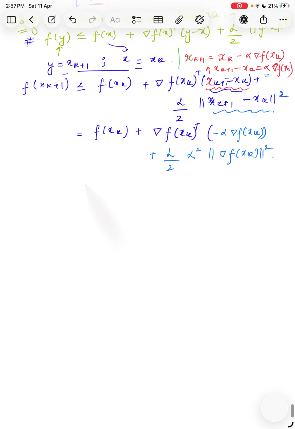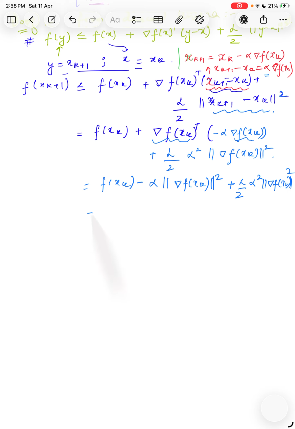Okay, so this will be equal to f of xk minus, from this thing we can take alpha as common, so it will be minus alpha times del transpose times del, which will be norm of f of xk squared, plus L by 2 alpha squared times norm of f of xk squared.